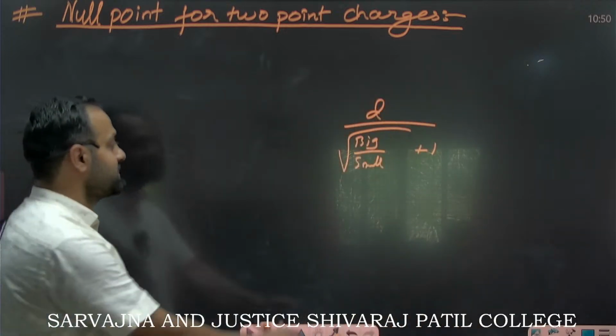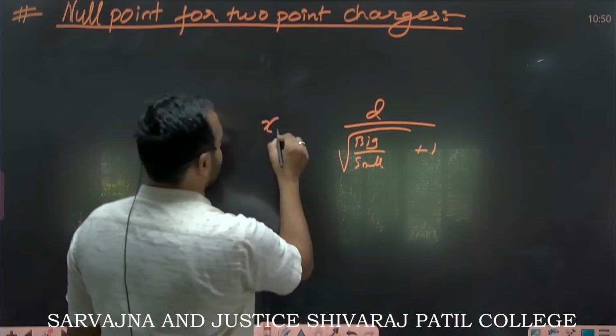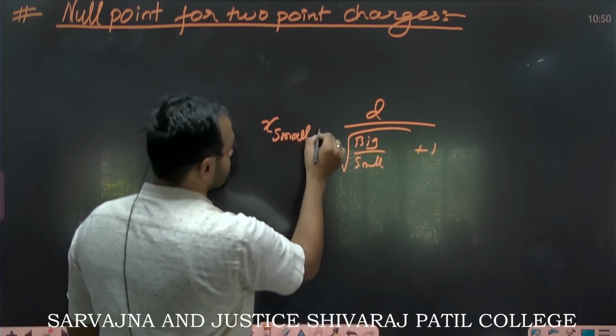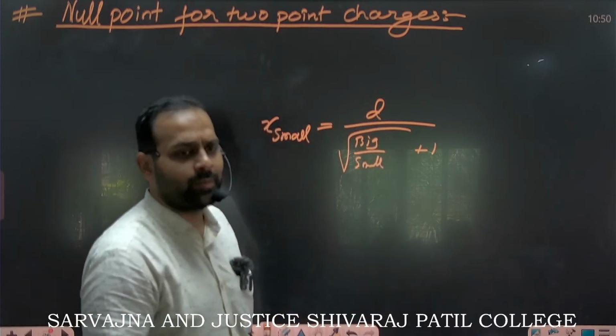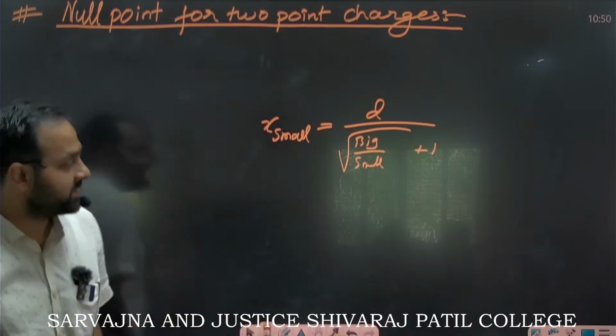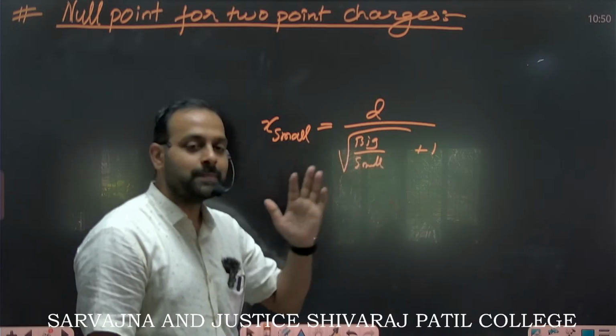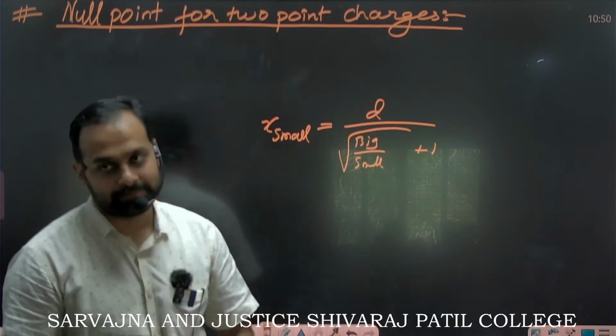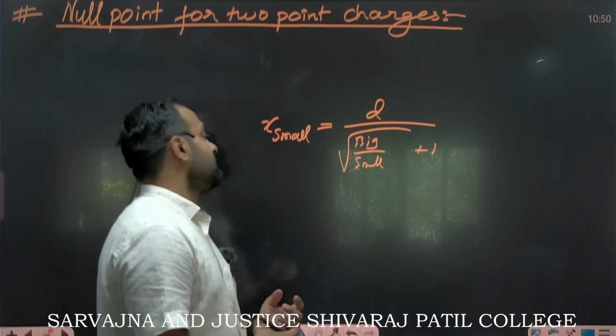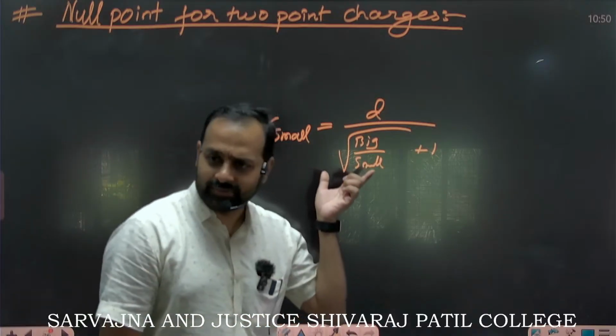What is this? This is the distance of the null point from the small charge: d divided by under root of big mass divided by small mass plus 1. Now, gravitational force is an attractive force.